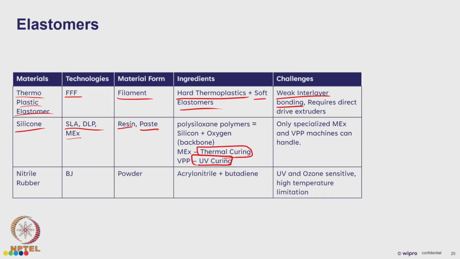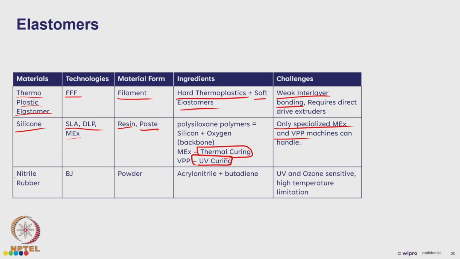That means after the paste is extruded and made into a particular geometry, it is cured separately during post processing. And in the case of challenges, only specialized material extrusion and VAT photopolymerization machines are capable of handling this silicone material.